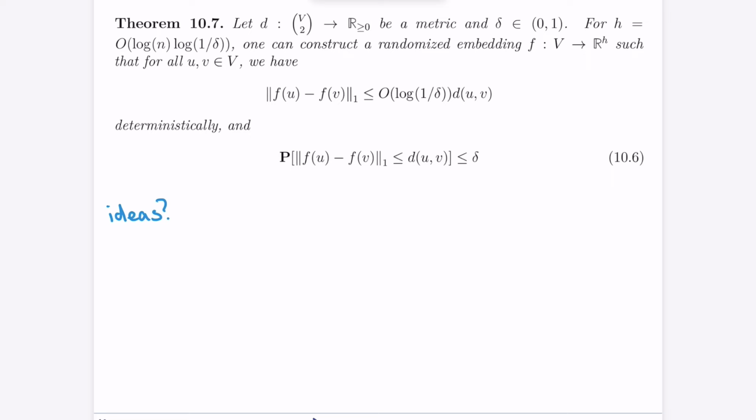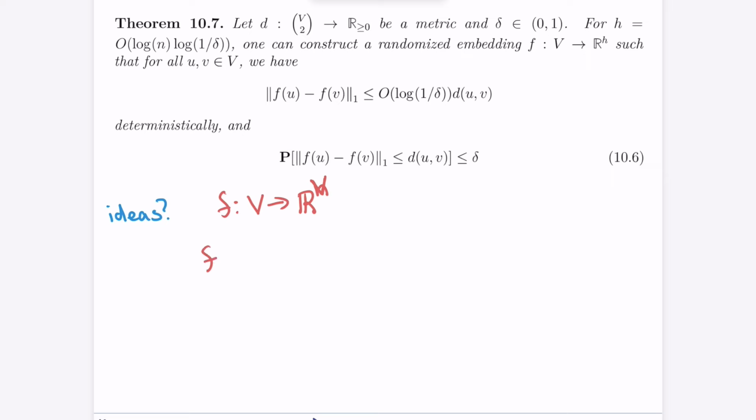Maybe F is going to map V to R^n, or R^V, so the coordinates will be indexed by other vertices. Oh, we're doing the embedding. So each vertex is going to be given some kind of coordinates.